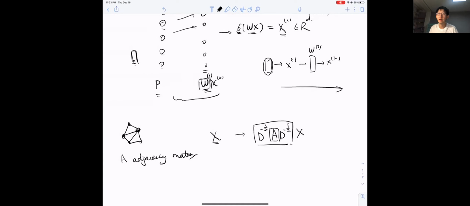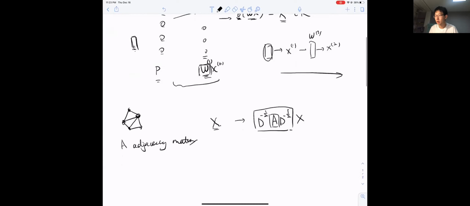D is the degree matrix, a diagonal matrix whose diagonal elements are the degree of each cell. So this is a normalized adjacency matrix, and we use a convolutional way to transform the original features.